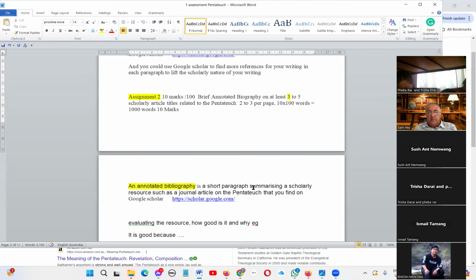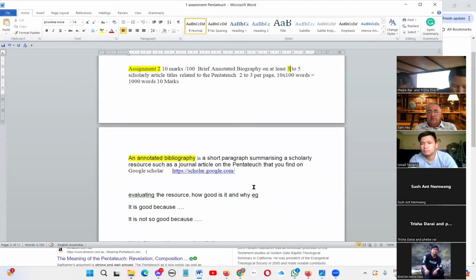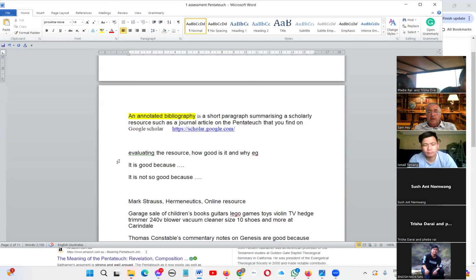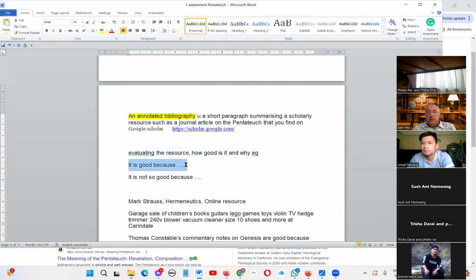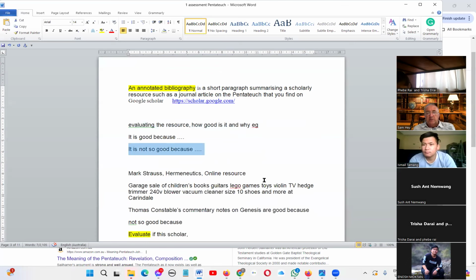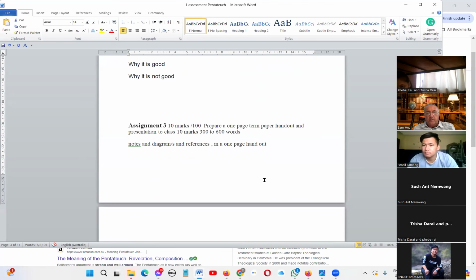It is particularly helpful if you can include some references. If you want to get higher marks, you should evaluate the resource. How good is it? And why is it good? And you could write, it is good because. You could also evaluate it by saying there are some weaknesses. It is not so good because. And you could also summarize the resource.